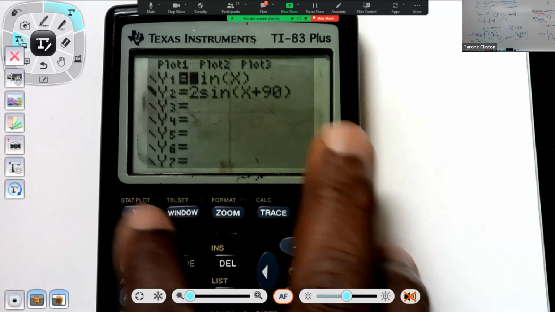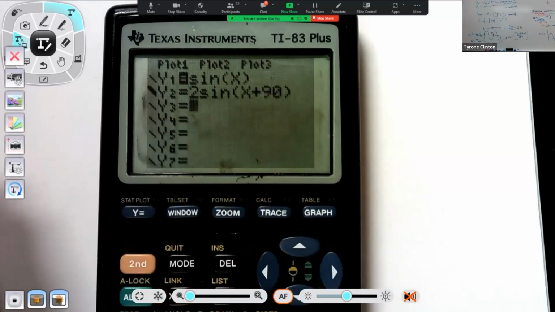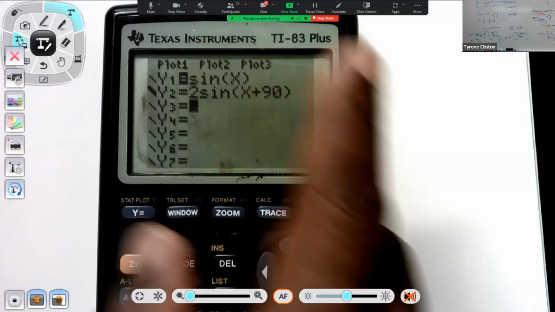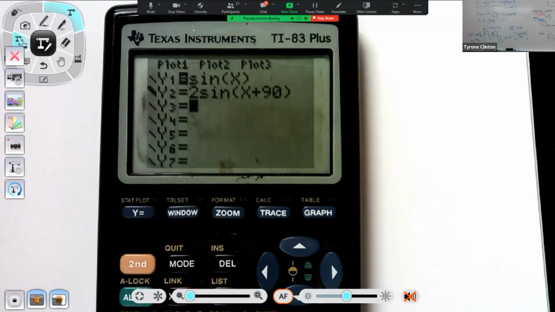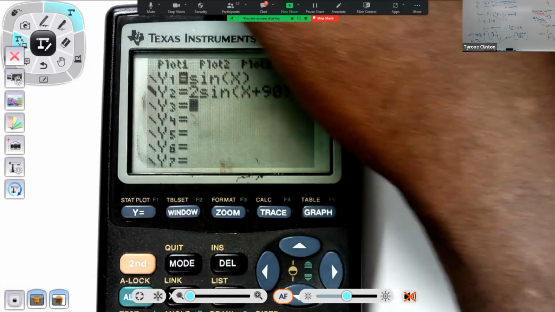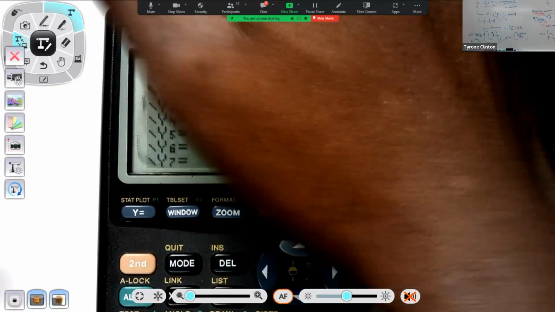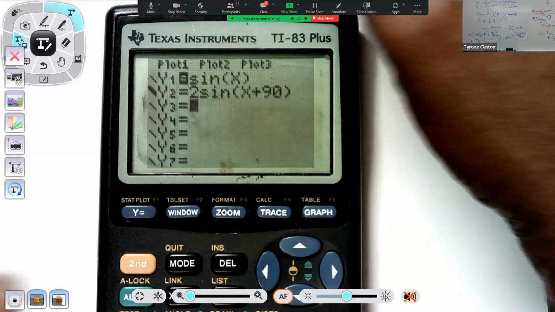So let's say I wanted to look at the graph from the standpoint of shifting it over. I want to move that graph to the right or to the left.